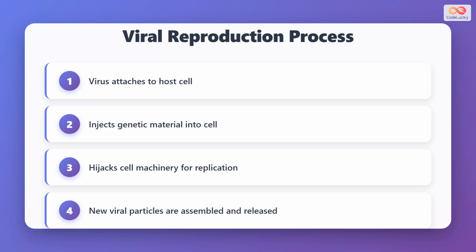Third, once inside, the viral genetic material hijacks the cell's machinery for replication, forcing the cell to produce viral components instead of its own proteins. Finally, new viral particles are assembled inside the cell and then released, often destroying the host cell in the process. These newly formed viruses can then go on to infect other cells.